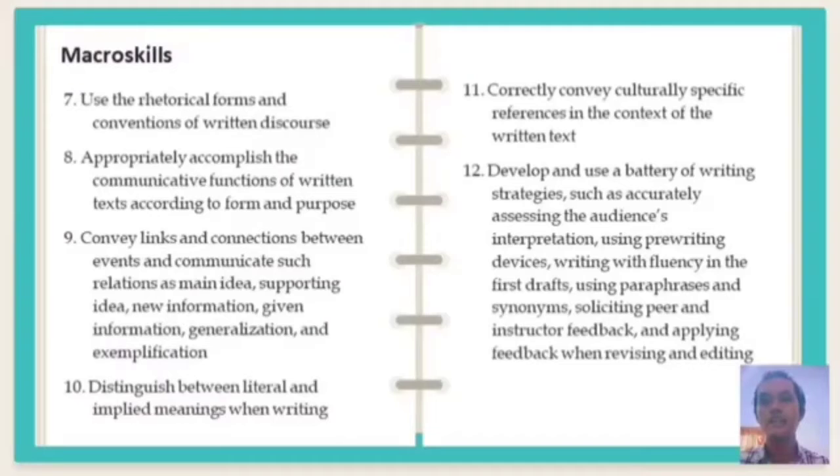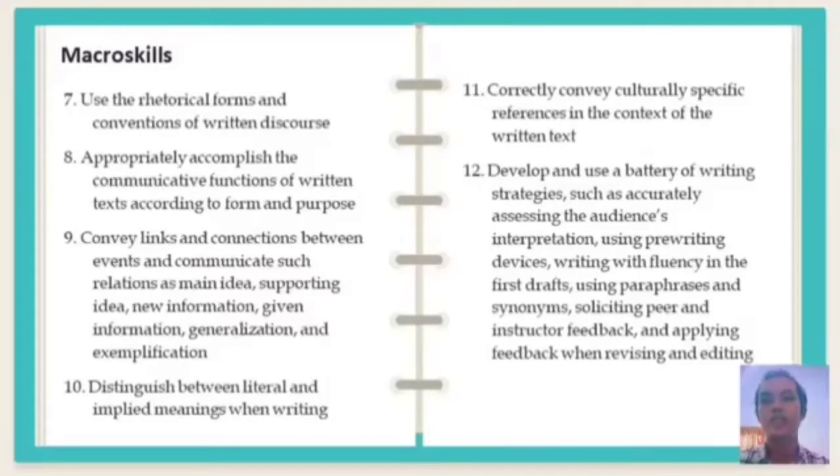It conveys links and connections between events and communicates such relations as main idea, supporting idea, new information, given information, generalization, and exemplification. It distinguishes between literal and implied meanings when writing. Macro skills correctly convey culturally specific references in the context of the written text.